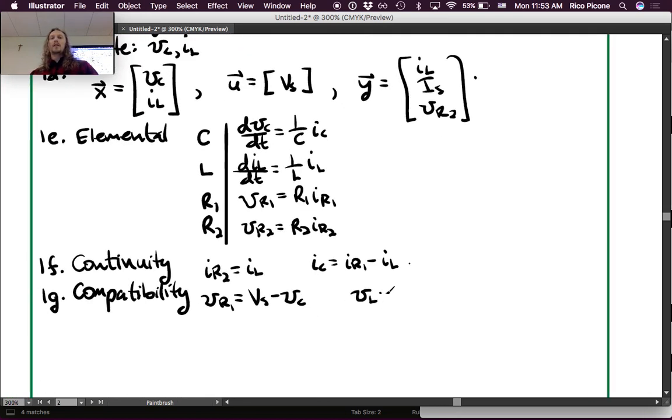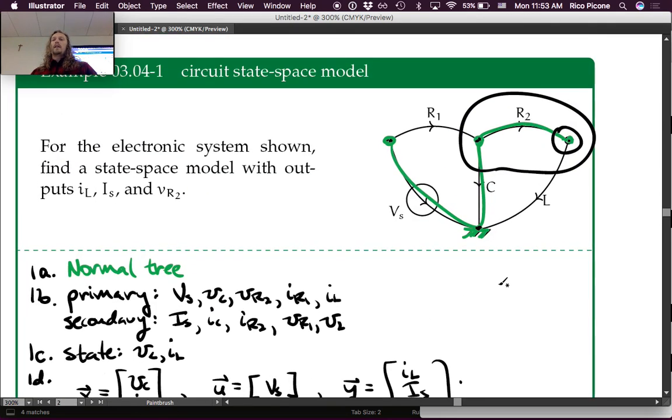So VL equals negative VR2 plus VC. So the technique is to include it, find the loop, start at the tail, sum the drops, and this is a gain, so you've got to subtract, until you reach the head of the link that you're including.